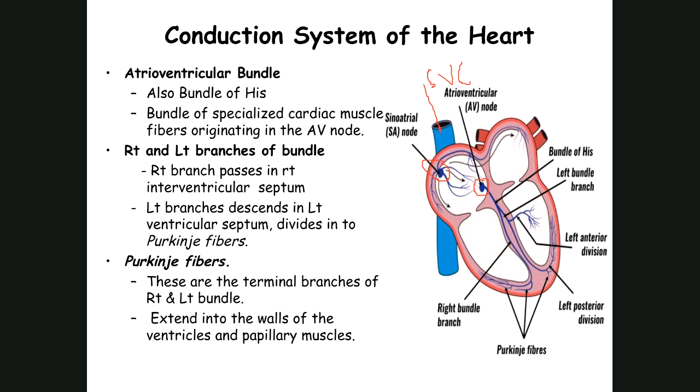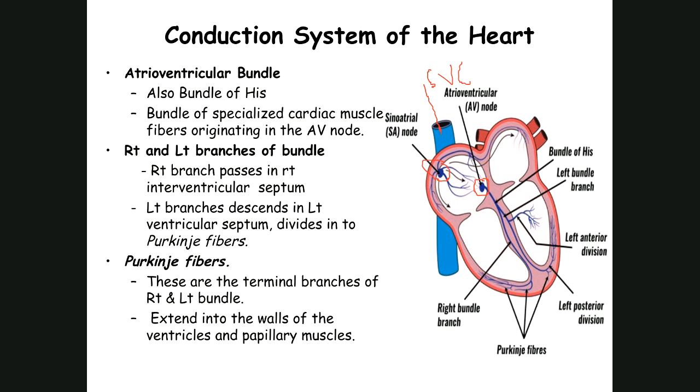This bundle of His consists of specialized cardiac muscles originating from the AV node. Okay. This bundle of His divides into right and left bundles. The right bundle goes to the right side, the left bundle goes to the left side.